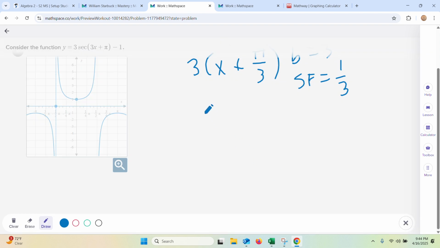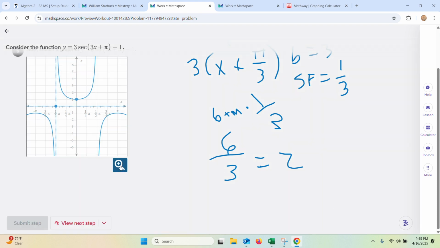Okay, so there's six tick marks. Times a third, that's the scale factor. So it's really 6 divided by 3, which is 2. So we want it to be 2 tick marks apart.